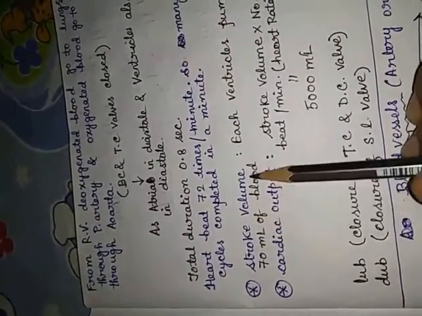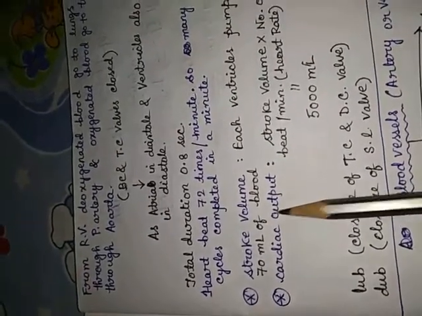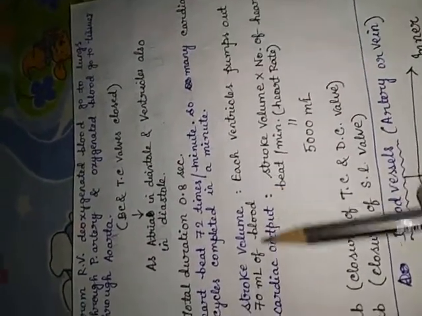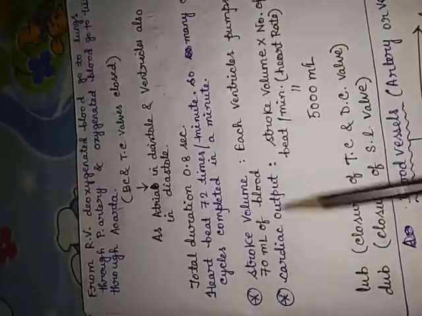Okay, now there are two terms, one is the stroke volume and the second is the cardiac output. Stroke volume means during this cardiac cycle each ventricle pumps out about 70 ml of blood. Means from these ventricles at a time each ventricle pumps about 70 ml of blood.